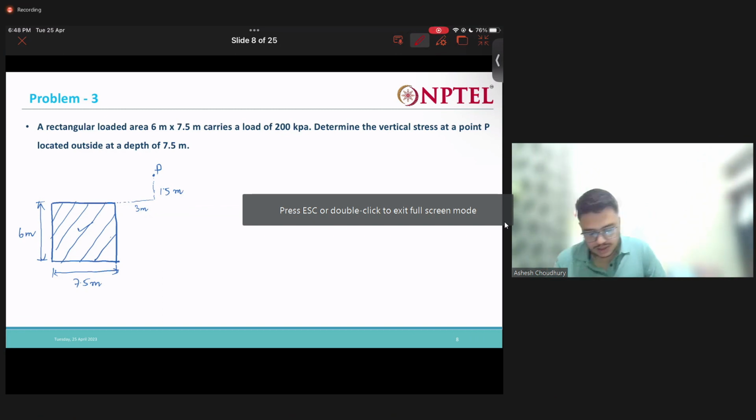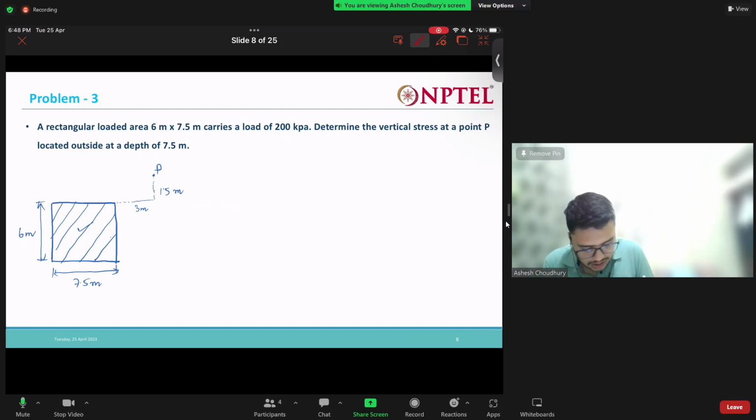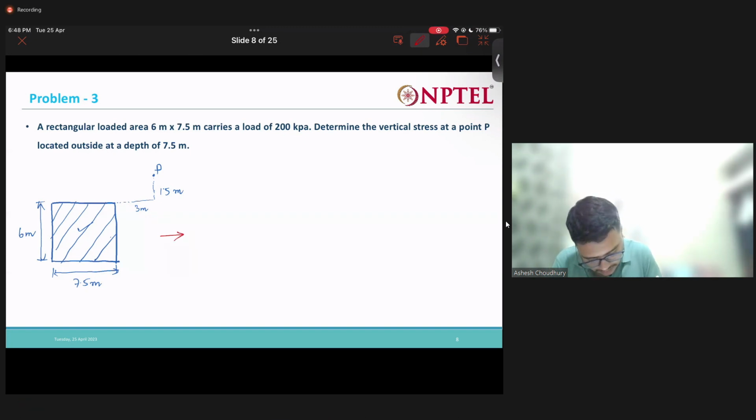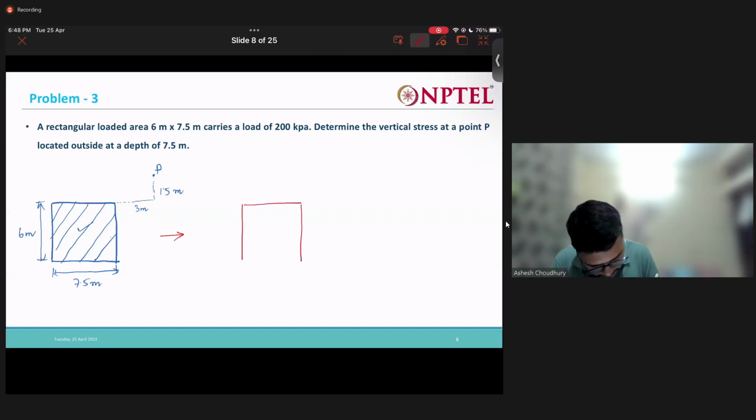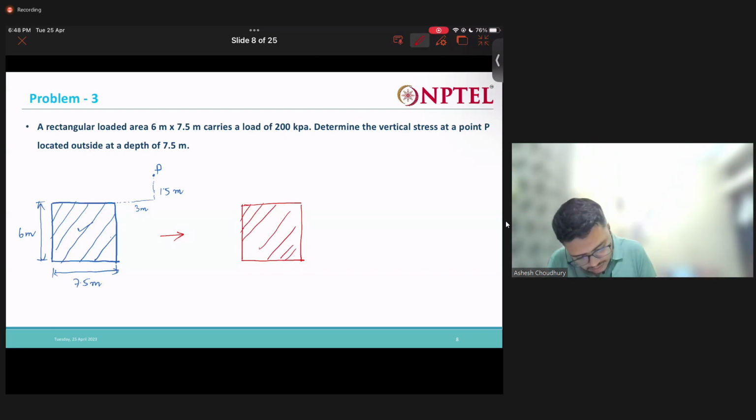So let us draw that, right? So this thing, we will be converting to something like this. So this is our loaded area. So we will be drawing some more areas here.